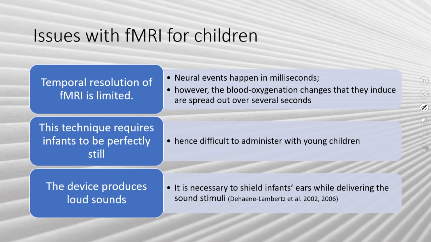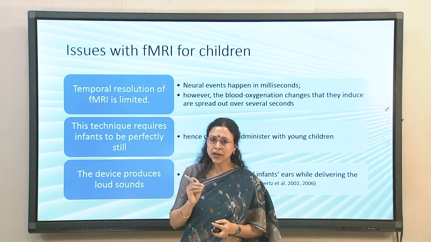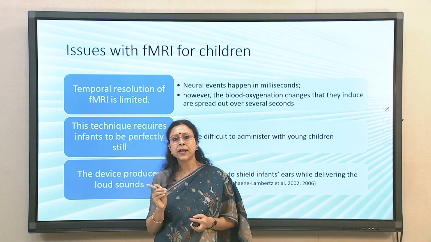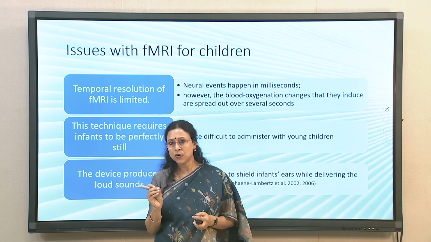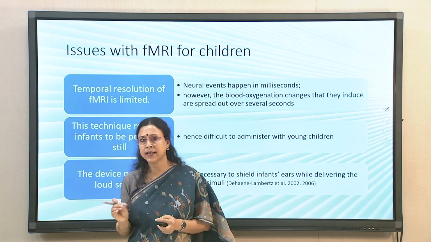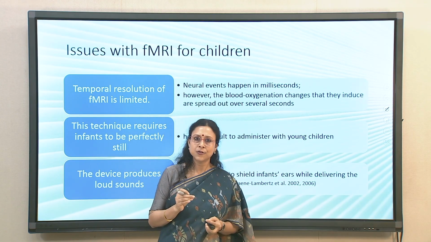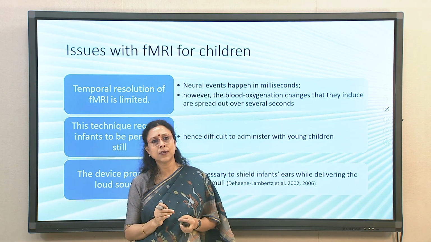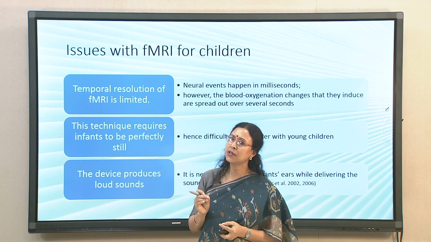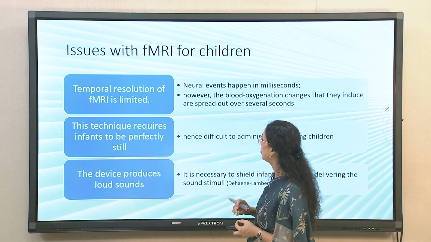The neuronal firing does not last for a very long time, but the blood oxygen level changes that they induce are spread over several seconds. So, we are comparing an activity that spreads over seconds with something that actually takes place in milliseconds. So, there is a loss of data there. In terms of temporal resolution, fMRI is not a very good idea. That is one big problem.